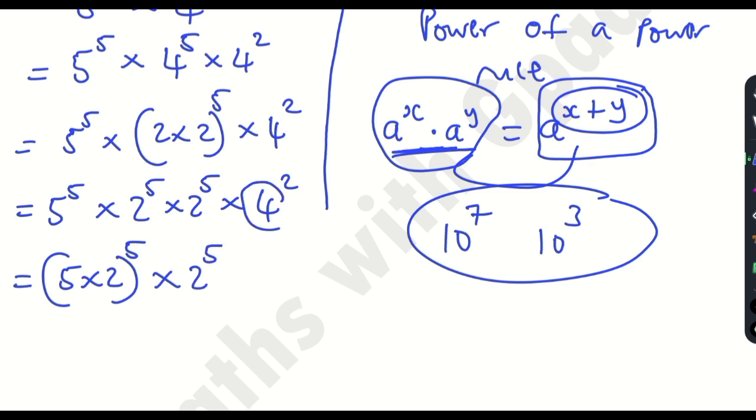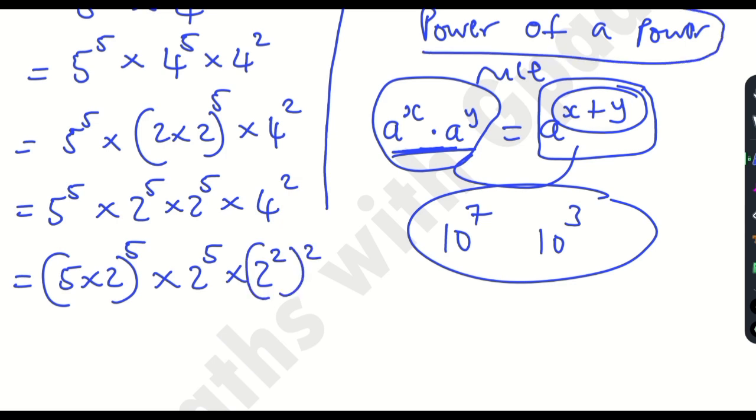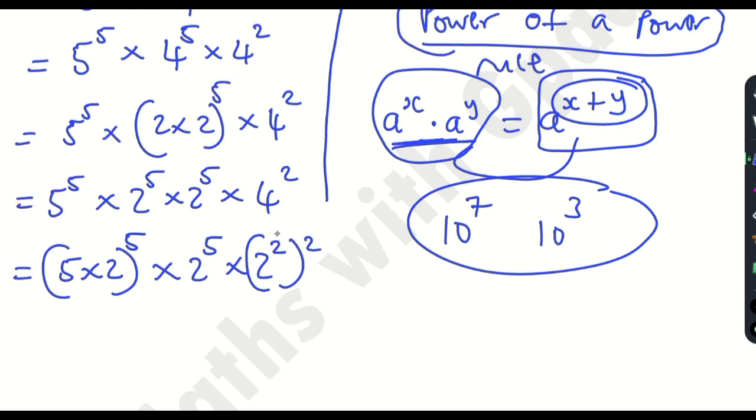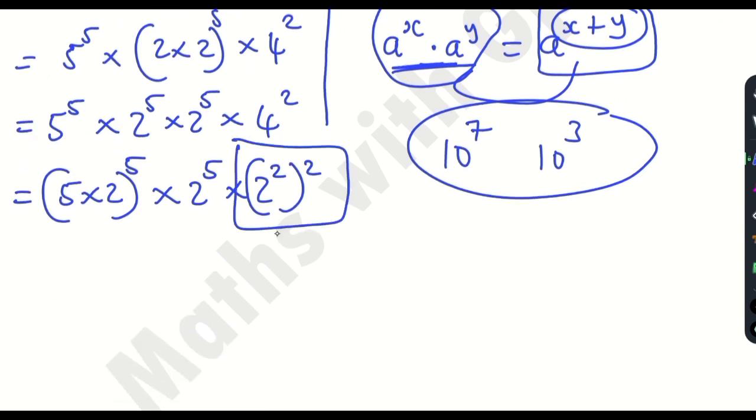What about this 4? Because I want to express it as a power of 2, I'm going to rewrite 4 as 2 raised to the power of 2. Then bracket 2. I haven't talked about the power of a power rule yet, but I will be talking about it right here. So let's move on. Now, 5 times 2 here is 10.